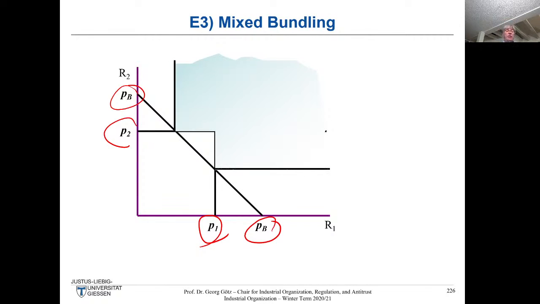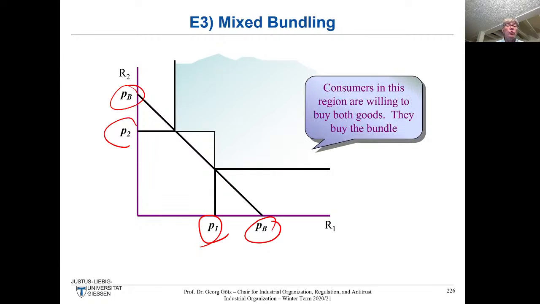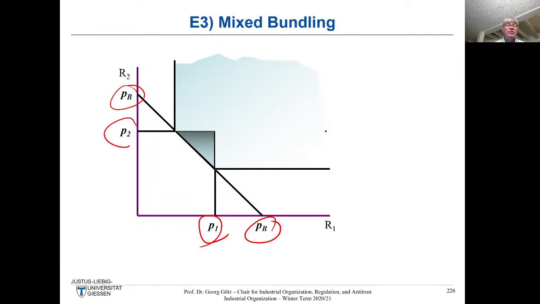So these guys here, they will buy the bundle, as do these guys here. Rather straightforward. If you have a sufficiently high willingness to pay, it's always better to buy the bundle rather than the two separate products, because the price of the bundle is below.